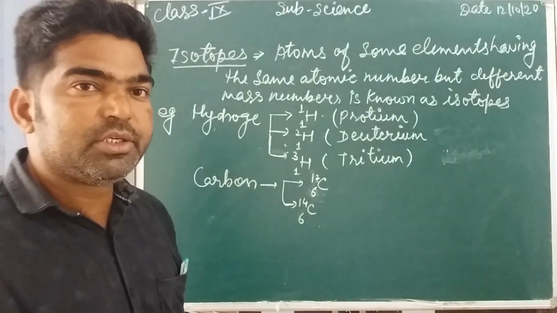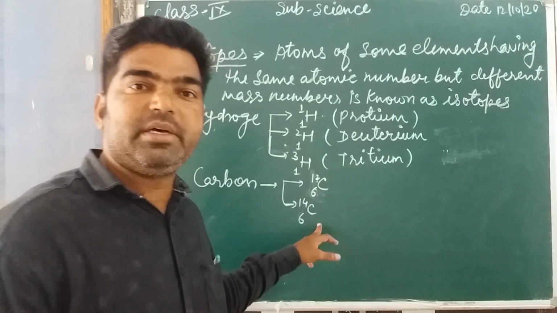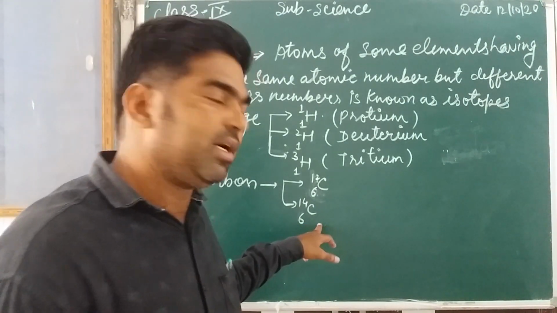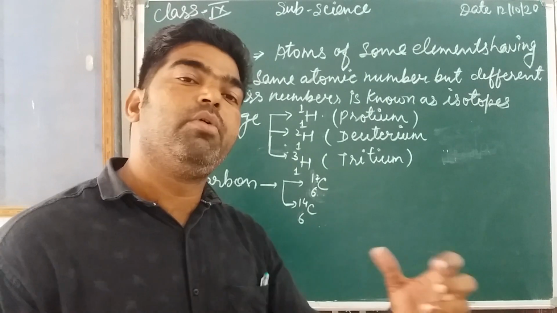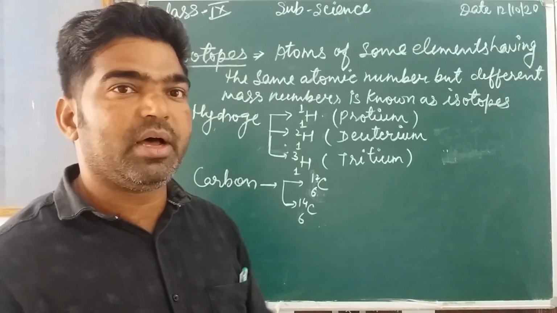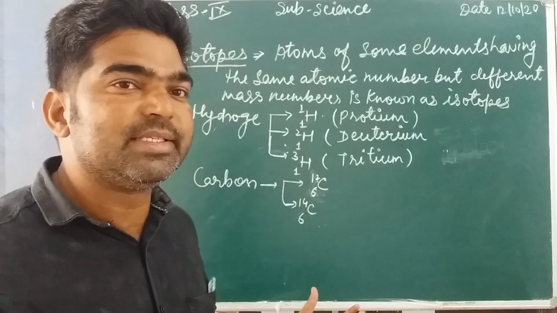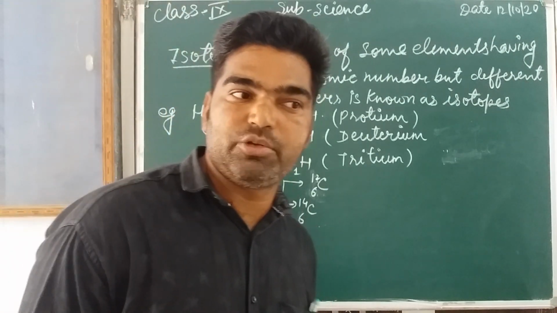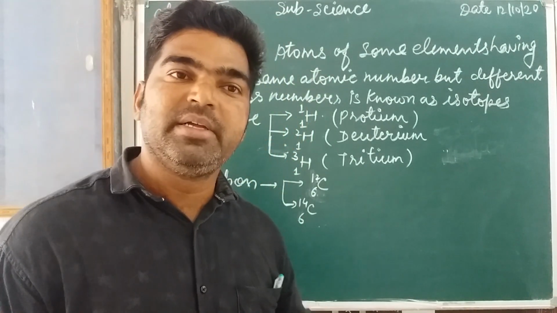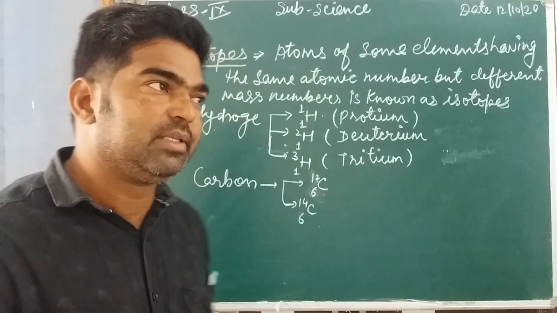Carbon-14 is used to find the age of old fossils, and that technique is known as the carbon dating technique. By this technique we can find the age of old fossils.